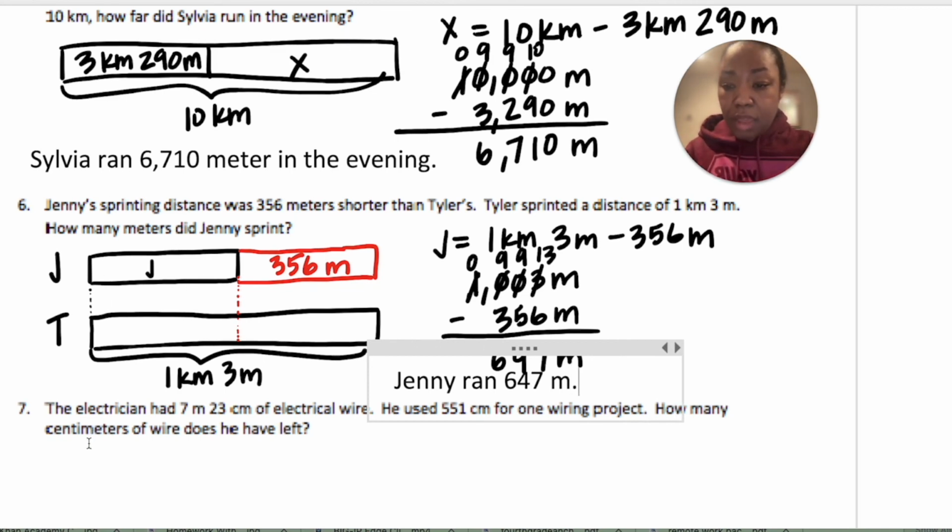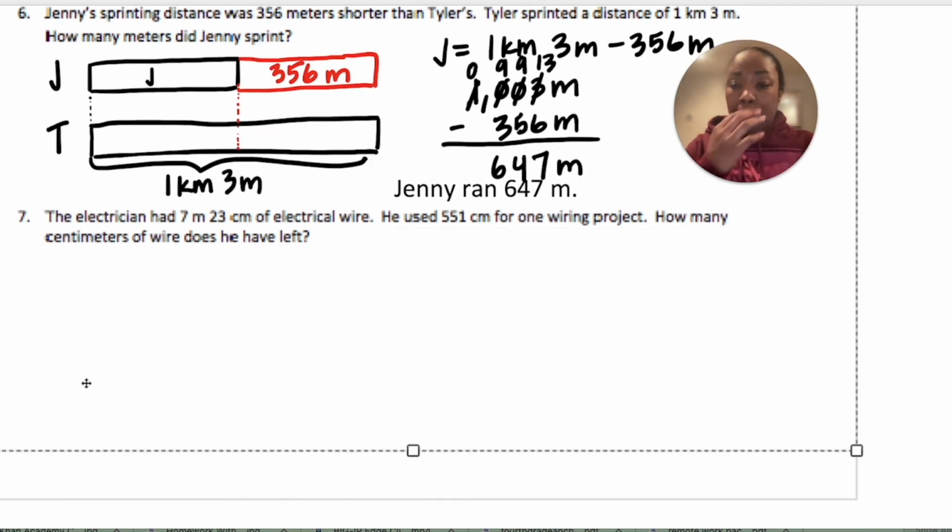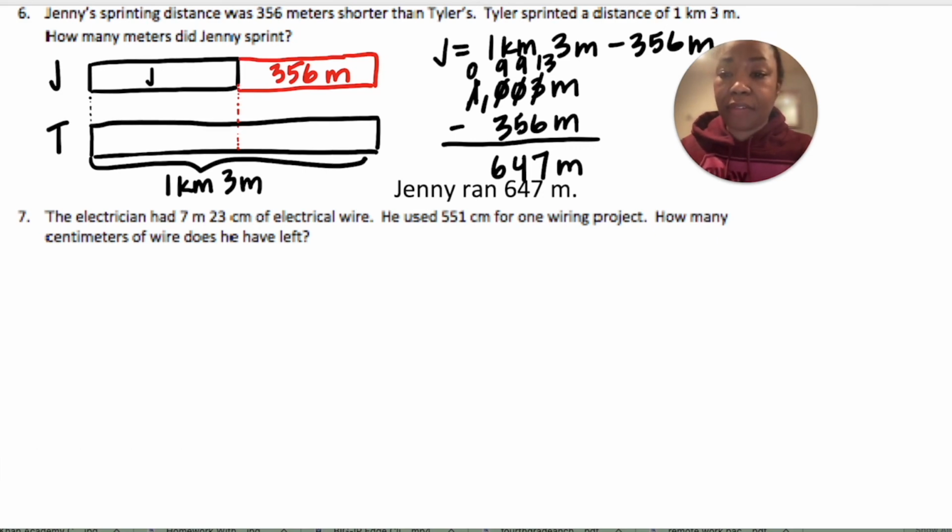All right, and for number 7. The electrician had 7 meters, 23 centimeters of electric wire. He used 551 centimeters for one wiring project. How many centimeters does he have left? Left right here tells me I'm subtracting.